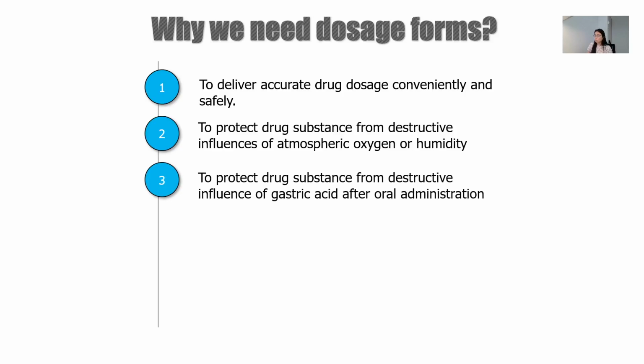The dosage form is also used to protect the drug substance from the destructive influence of gastric acid after oral administration. The drug is supposed to be absorbed from the intestine. We don't want the drug to be completely destroyed by the stomach, so that none of the drug is available to be absorbed from the gastrointestinal tract. So dosage forms can also be used to protect the drugs from the gastric acid.